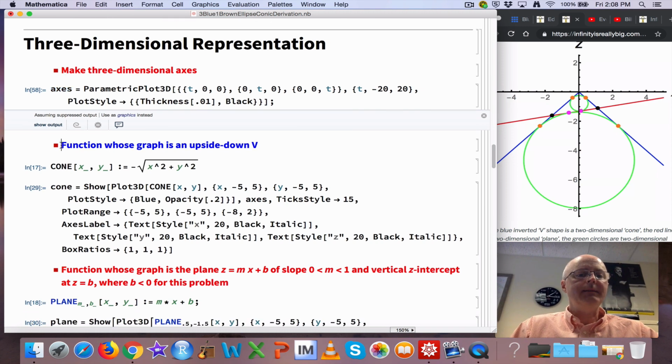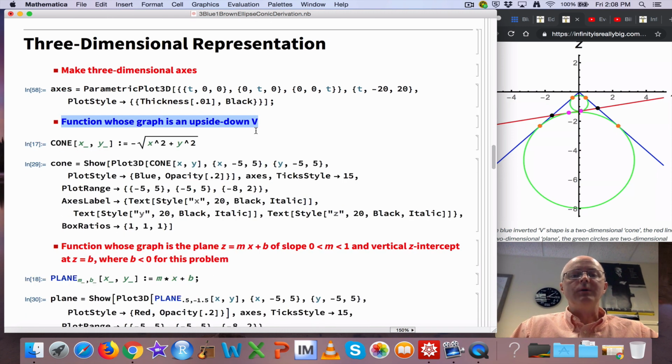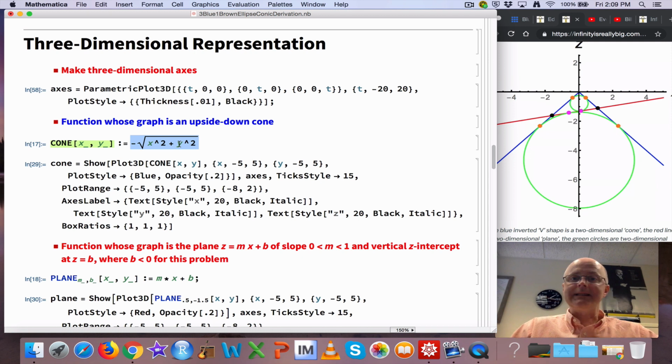Next, I'm onto a function whose graph is an upside down V, or I probably should say cone. Now we're into the cone case here. I'm calling it cone. It's a function of two variables, and essentially this is the higher dimensional version of the negative absolute value function. Its graph is an upside down cone.